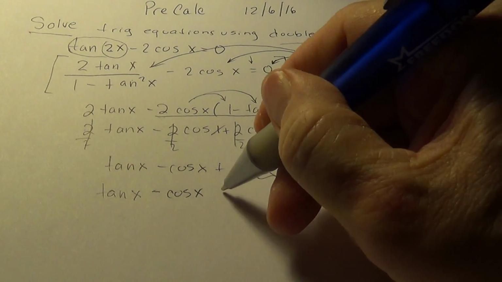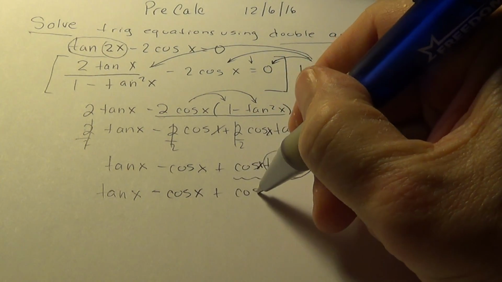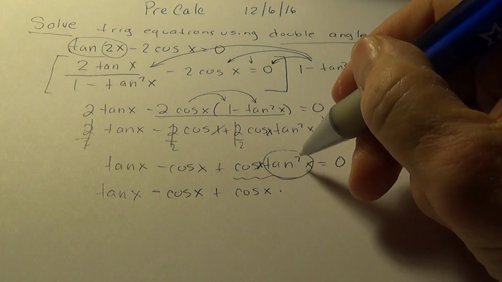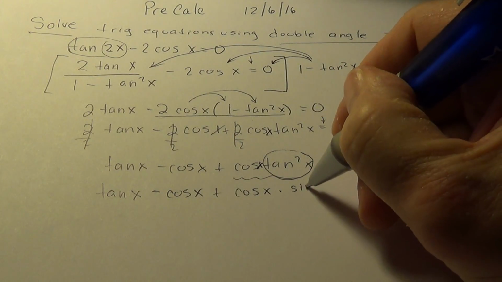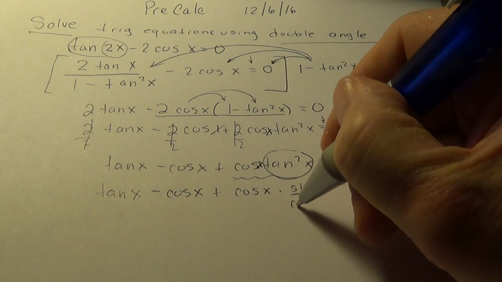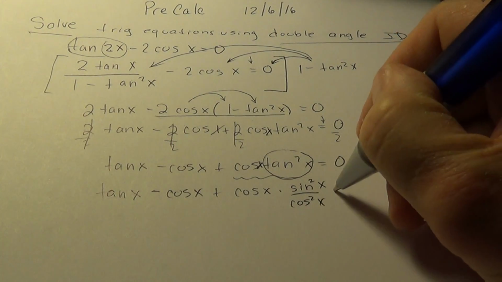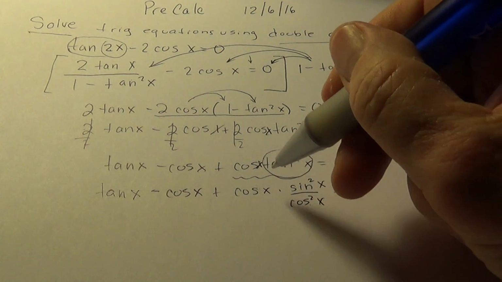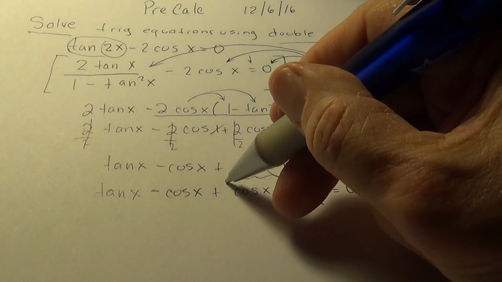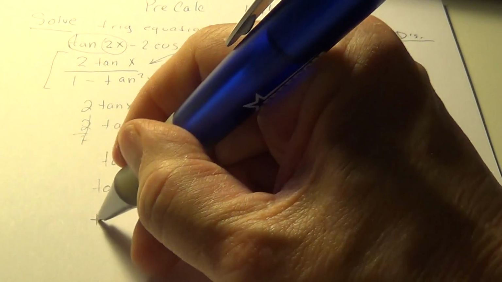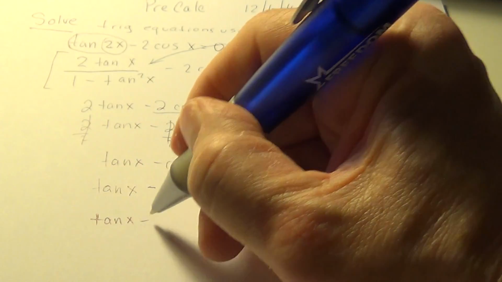Remember that trick when we were solving trig equations? A tangent is sine over cosine, and tangent squared is sine squared over cosine squared. Do you see there's a slight simplification I can make within this term right here? Again, we're not doing a whole lot of changing.